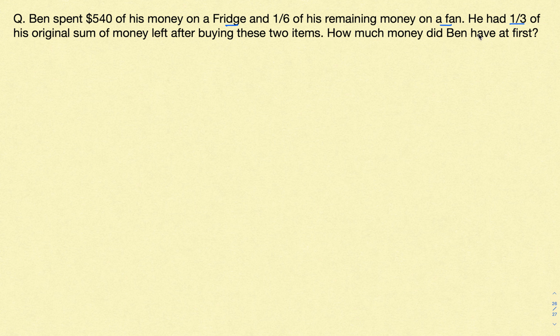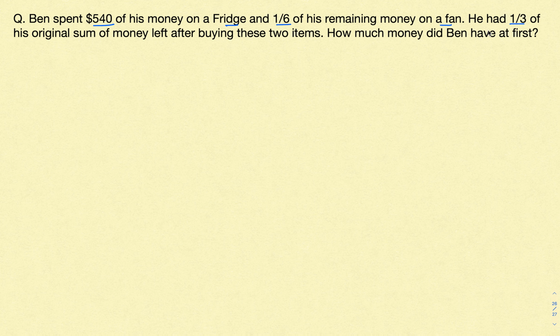So what we have here for the question is that Ben has bought a fridge for $540, right? And then after buying the fridge, with whatever remaining amount of money he's having, he used 1/6 of it to buy a fan. Okay, it's 1/6 of the remaining money.